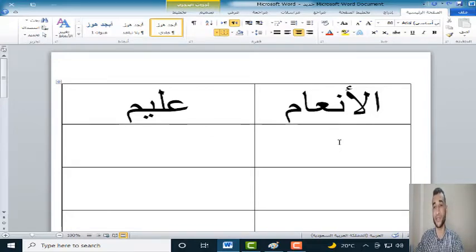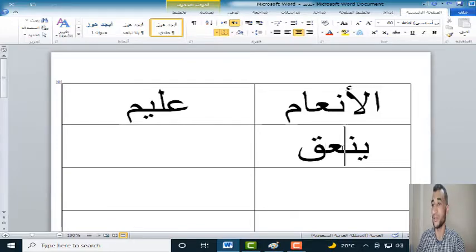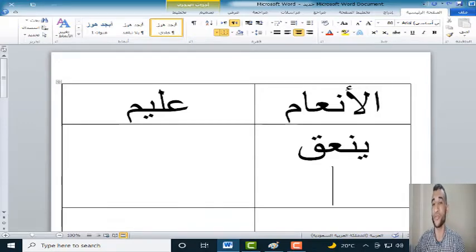I can find the consonant Nun in verbs like yan'iku. So I can find here a consonant Nun, okay? I can also find the consonant Nun in nouns like this word Al-An'am, it is a noun.